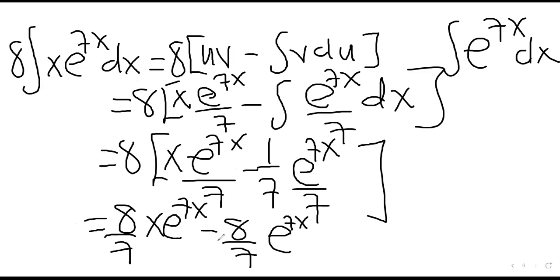And then remember we have this, actually here 7 multiplied by 7, we are getting 49. So here it is minus 8 divided by 49, like that. So we have integrated our question. This is the integral of this part that we have.